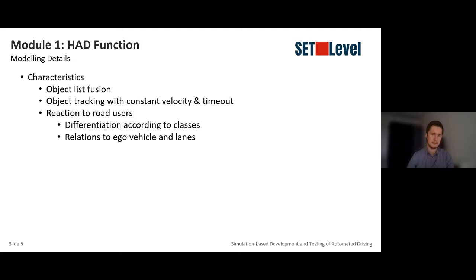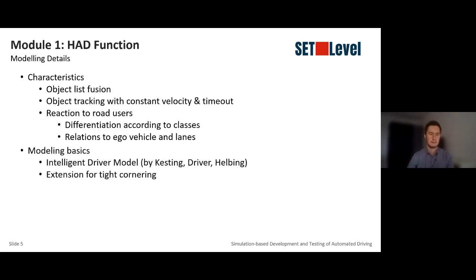The HAD function can be characterized as follows. We have an object list fusion, so no geometric fusion. We have an object tracking module, which tracks with constant velocity in a timeout. And we do react to road users according to their classification and also with regard to their relation to the ego vehicle and to the lanes they're on.